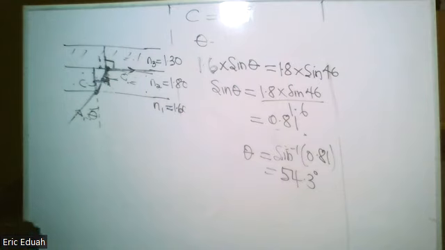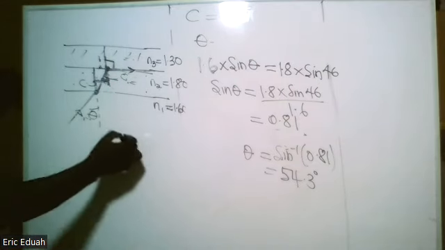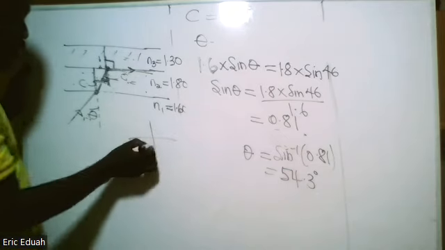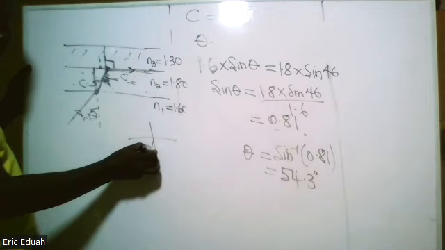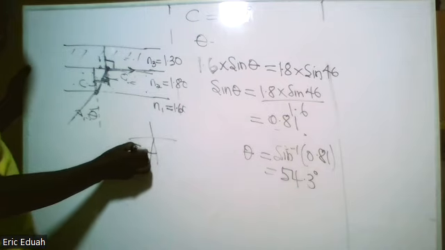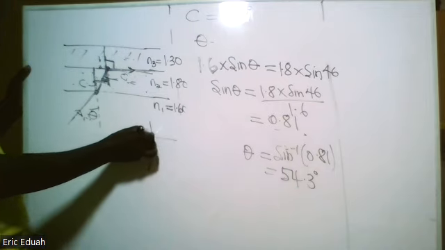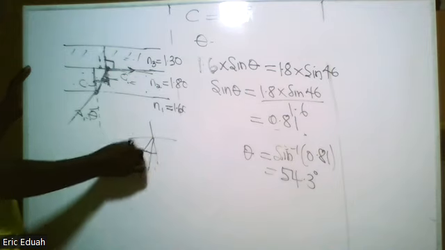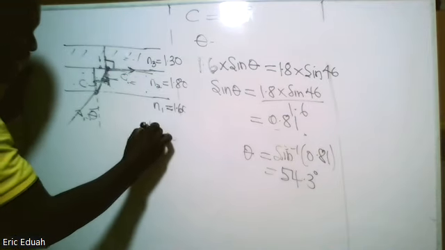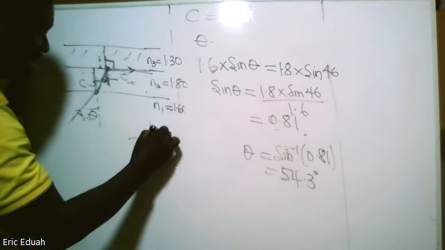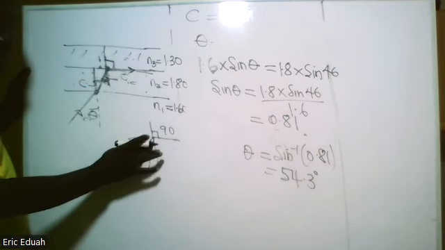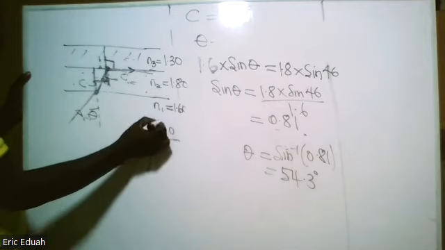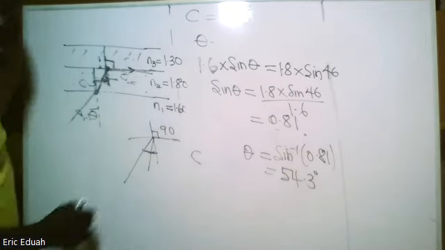Now, if C would decrease, we earlier said that we obtain the critical angle when the angle of incidence in the denser medium is gradually increased. A certain angle of incidence in the denser medium would give us an angle of refraction of 90, and this angle of incidence is the critical angle.